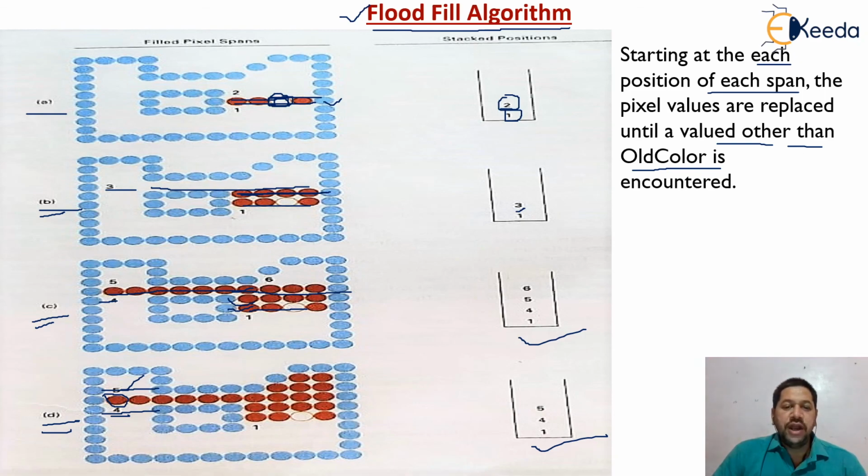Then we have seen the inside outside test. Then we have seen the boundary fill algorithm, and just now we have learned the last point, how the flood fill algorithm works, and how we are in a position to modify the flood fill algorithm to reduce its drawback of storage requirement, or we have minimized the storage requirement of the flood fill algorithm.